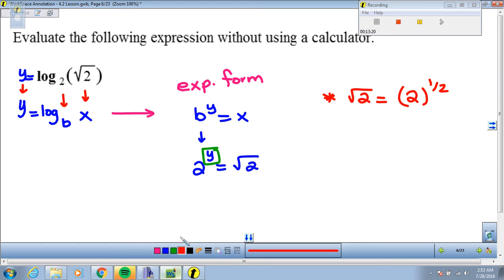Where am I getting the 1/2 from? Remember that a square root has a 2 on the outside even though I don't see it. And 2 is raised to the first power here, or you can see it as the whole thing being raised to the first power.